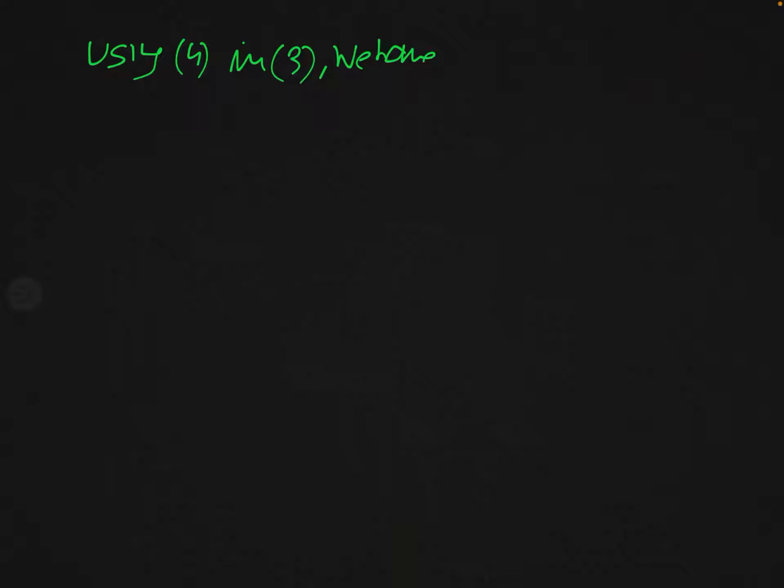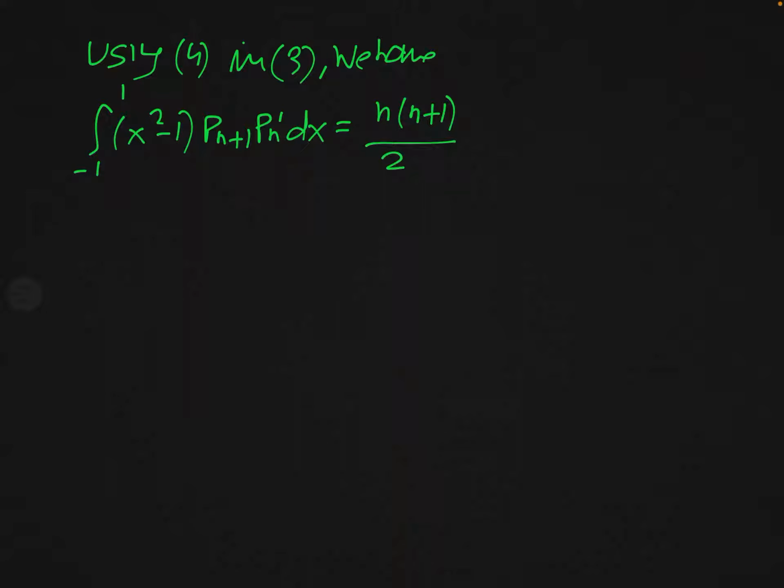You can say the integral in LHS is integral from minus 1 to 1 (x squared minus 1) P_{n+1} P_n prime dx, and this will be equal to n into (n plus 1) over (2n plus 1).